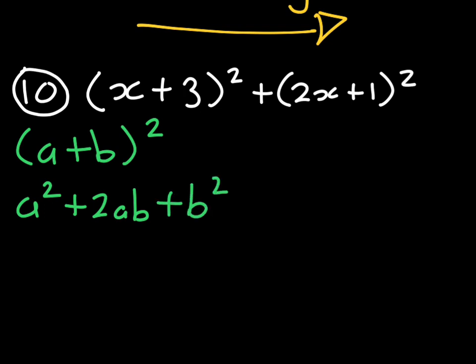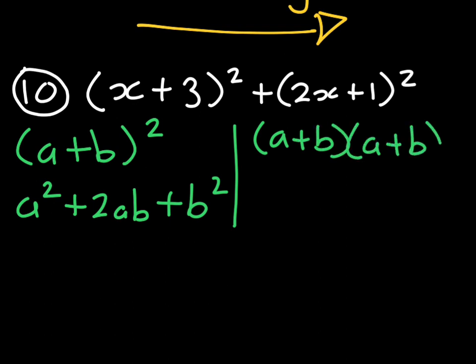If you're not sure about this, we can explain even further and write a plus b times a plus b. FOIL would say that we multiply a by a and get a squared. We would then multiply a by this b and get plus ab.